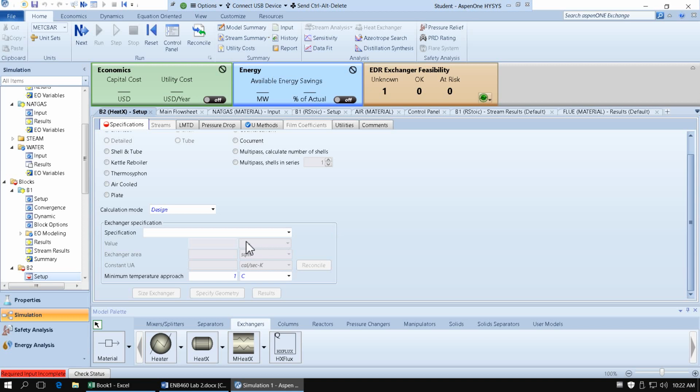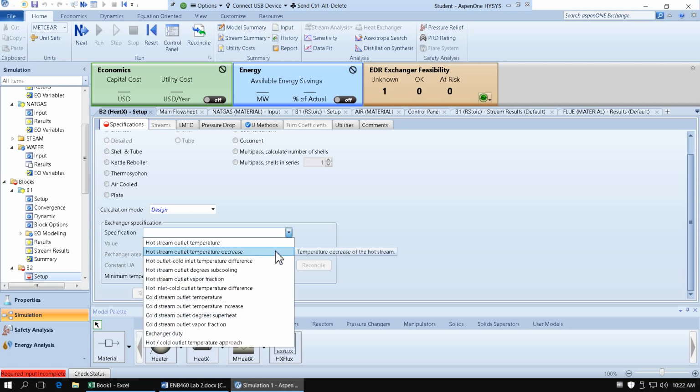Right? If we look at the specification, we can choose all these. So these are all different specifications with different uses. So for example, hot stream outlet temperature, you specify that if you want to specify the amount of cooling you need for your hot stream.